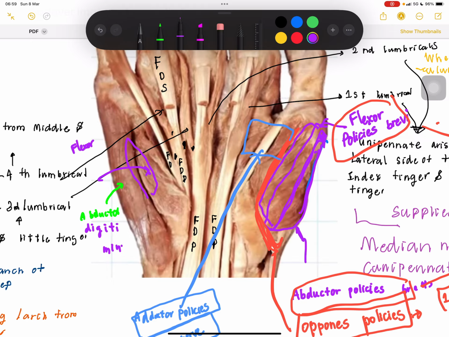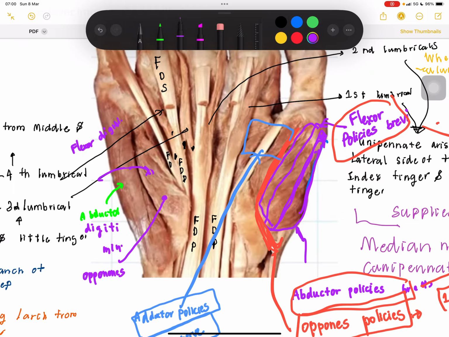And then we have opponens digiti minimi, which is deeper. Normally, if we cut superficially, we can't see that. So we have to cut the abductor digiti minimi and flexor digiti minimi in order to see the opponens.